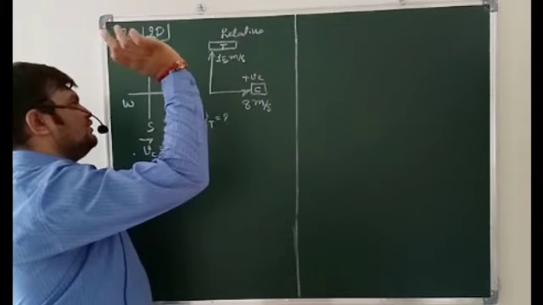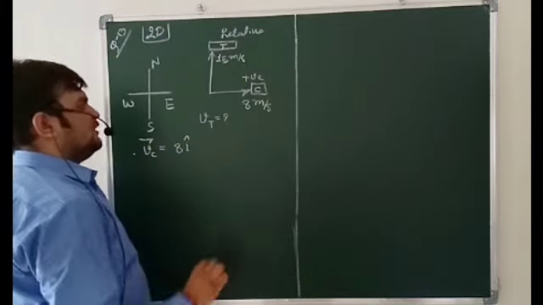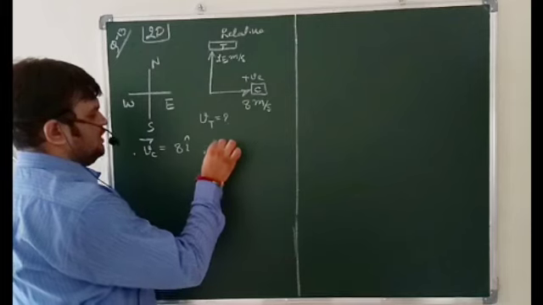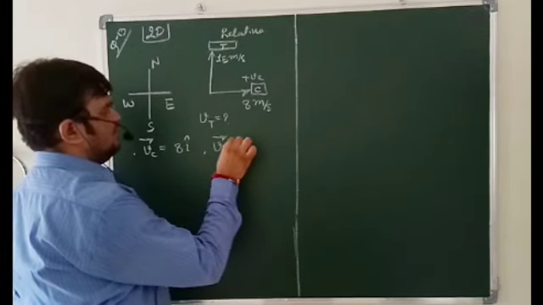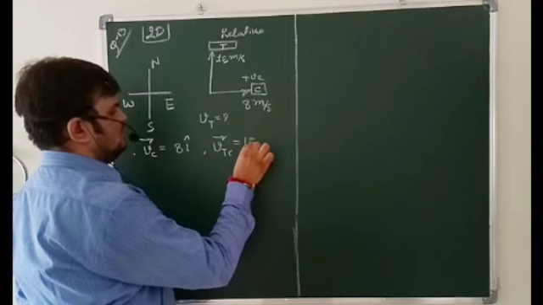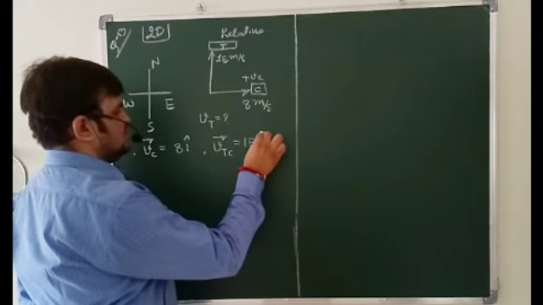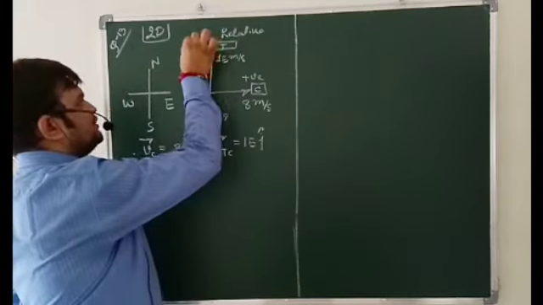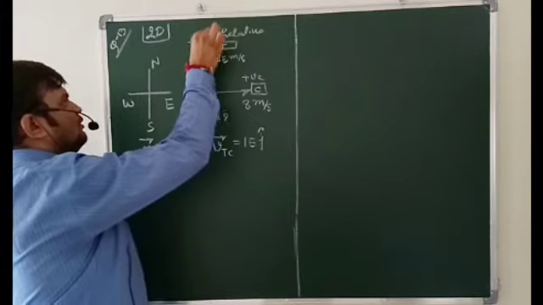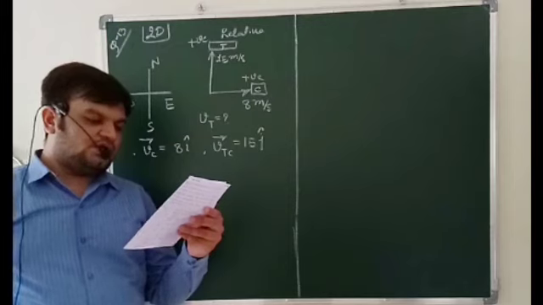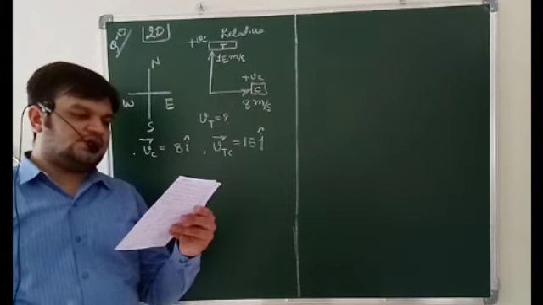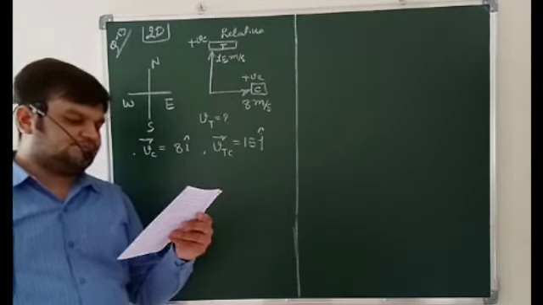The relative velocity of the train with respect to the car, v t c, is 15 j caret because it is in the positive y direction. Now ultimately we have to find the velocity of the train.